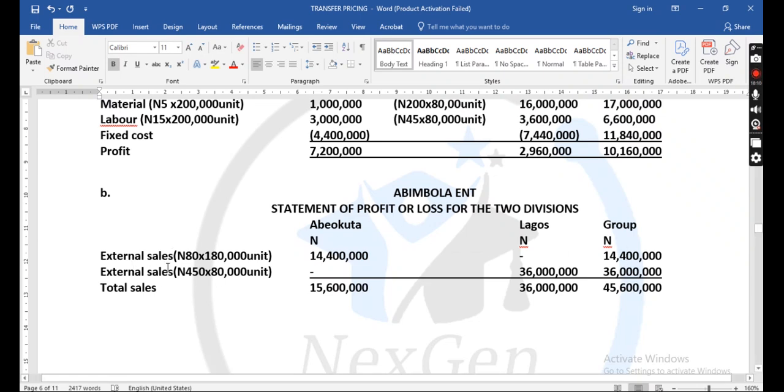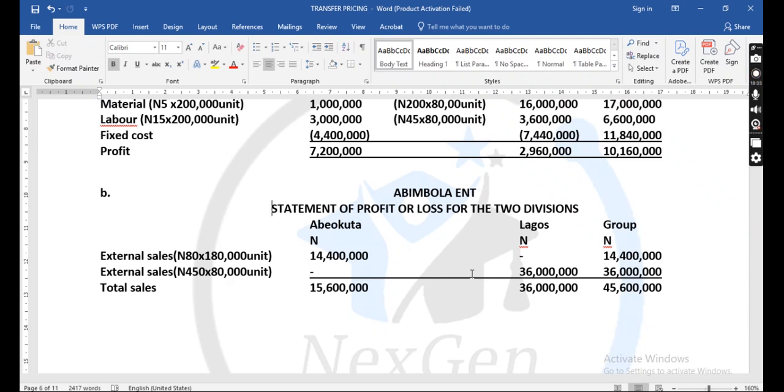So external sales will still remain. Lagos can still sell the 180. Is that not so, class? Are we still together? Yes, sir.